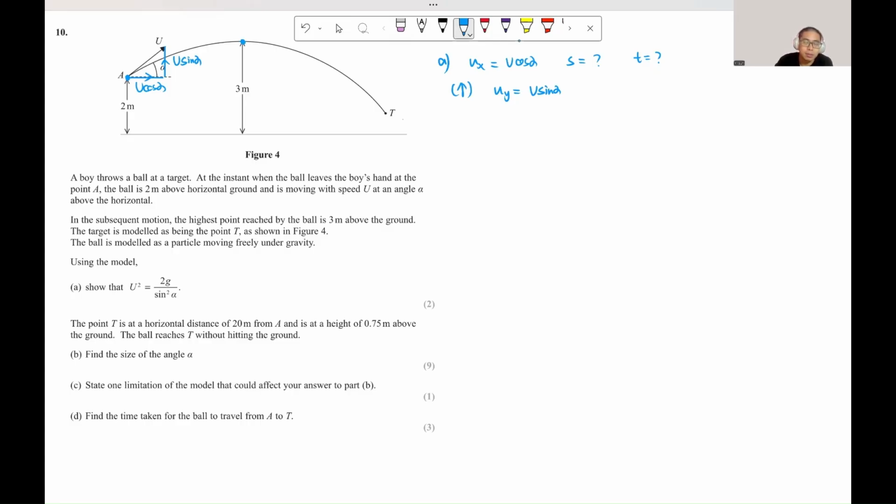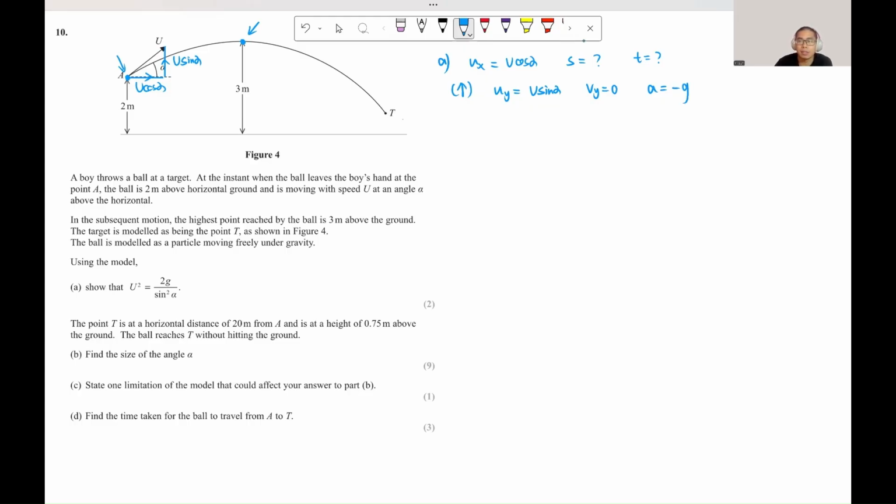But they did tell us the highest point reached is 3 meters above the horizontal ground. So we can use this as our end point. So start point, end point. Then the velocity at the highest position should be equal to 0, because at the highest point there will be no velocity to make it move up anymore. And then a is equal to negative g.